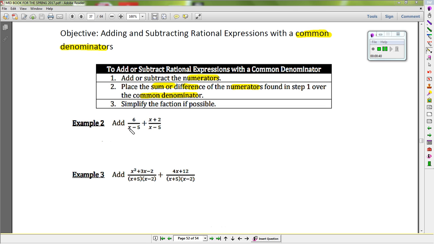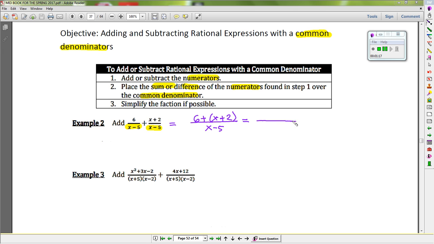So let's look at an example. Here you can see that these two fractions have the same denominator, so this will be your common denominator. I'm going to write down my common denominator, and I don't touch this at all. In this case, I'm going to find the sum of my numerators: 6 plus x, plus 2.